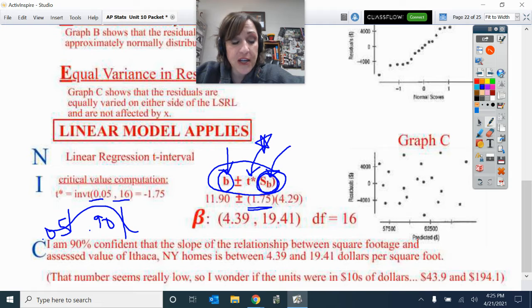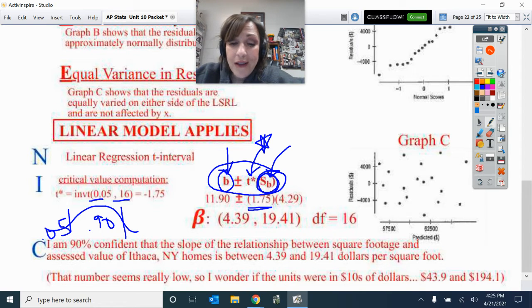So I am 90% confident that the slope of the relationship between square footage and assessed value of the Ithaca, New York homes is between $4.39 and $19.41 per square foot. That sounded ridiculously low to me, so I wondered if it was supposed to be in tens of dollars or something, and it was actually supposed to be 43.9 to $194.1.